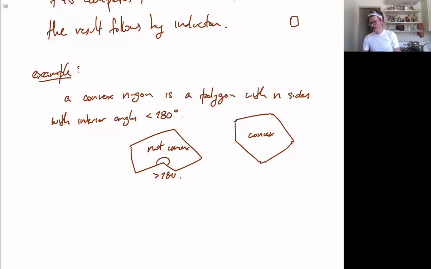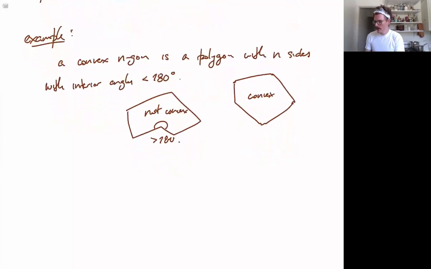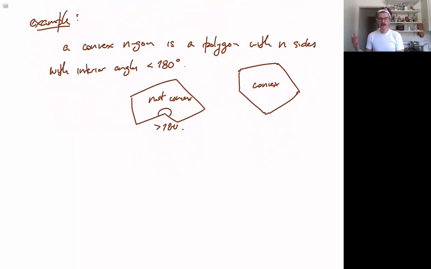So we are familiar with this fact that the angles of a triangle add up to 180 degrees. So let's prove a more general fact.